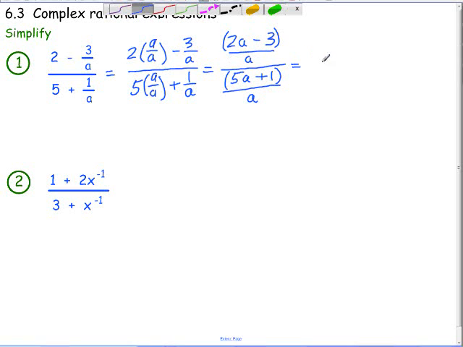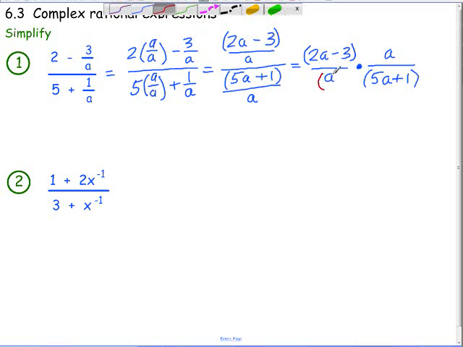I stay the same with my numerator, which is 2a minus 3 over a. I change from dividing by this fraction to multiplying by it. And I take the reciprocal, which is going to be a over 5a plus 1.